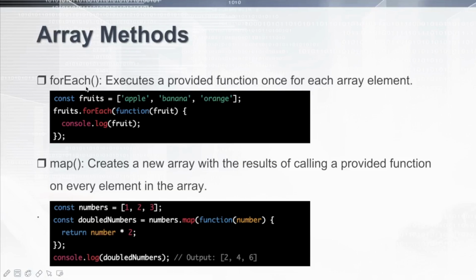The forEach method is a loop that loops through the elements of an array like this. So we have apple, banana, orange.